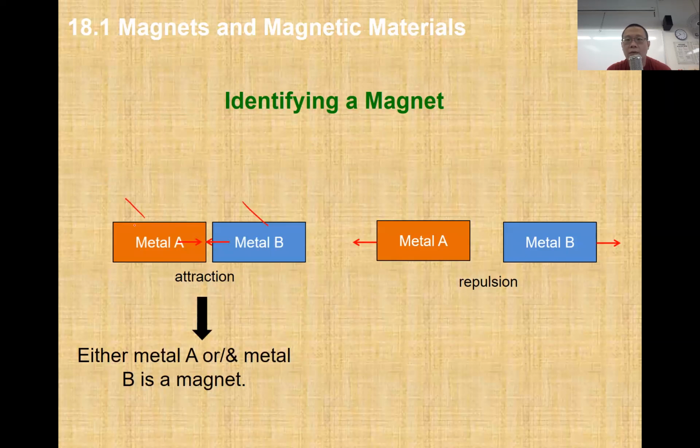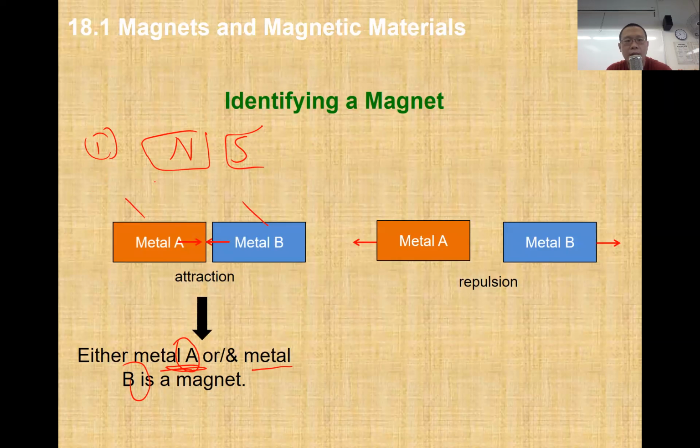The two are attracted, and we can only conclude that at least one of them is a magnet, because there are two cases. The first case is that A and B are both magnets, one a north pole and one a south pole, so they attract each other. The other possible case is that one of them is a magnet and the other is a metal, a magnetic material.